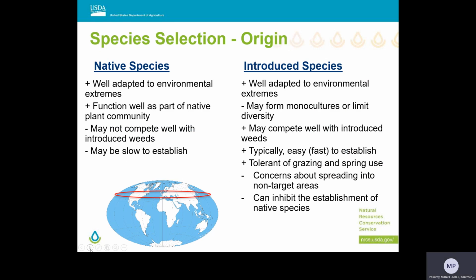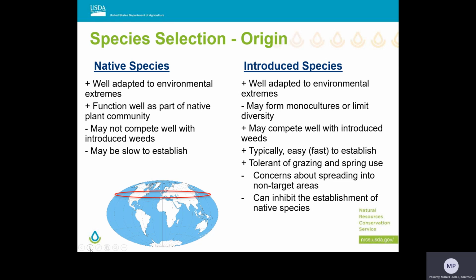Another consideration when developing our seed mix is to think about the origin of the species that we're seeding. A native species is a plant that has developed over hundreds of thousands of years in a particular region or ecosystem. And we're usually looking for species adapted not just to North America, but to Montana and Wyoming specifically.